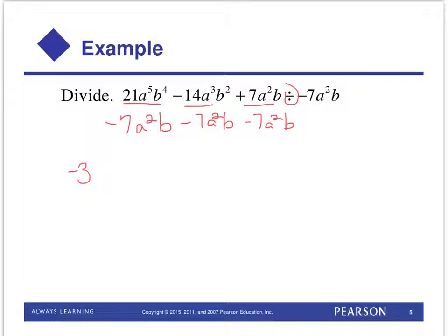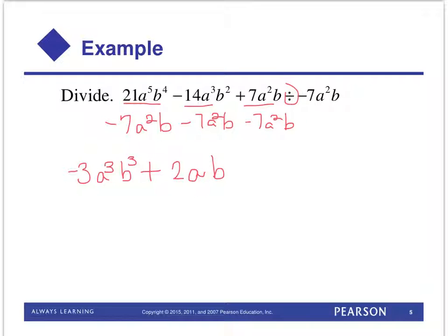Negative 3 times. 5 minus 2 is going to be a to the 3rd. 4 minus 1 is going to be b to the 3rd. And then a negative divided by a negative is going to be a positive. So 7 goes into 14 2 times. 3 minus 2 gives us 1, so that's our a. And then 2 minus 1 gives us our b.